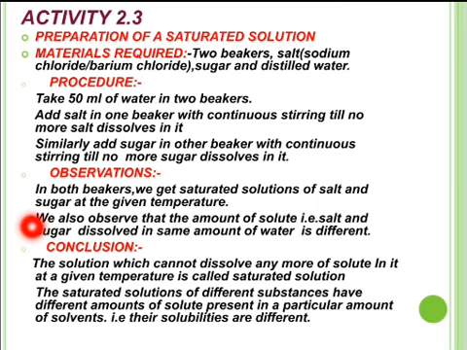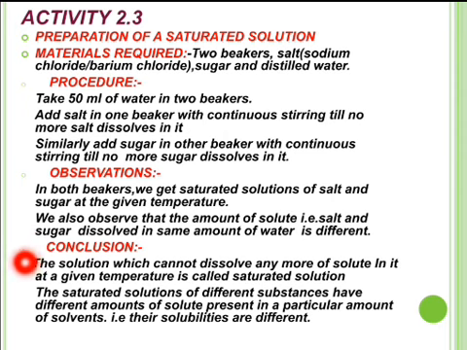For example, in the beaker where salt is added, we have added 3 to 4 tablespoons of salt in 50 ml of water, and in the beaker in which sugar is added, we have added 6 to 7 tablespoons of sugar in 50 ml of water, and saturated solutions of salt and sugar are prepared. It means their solubilities are different in the same amount of water.